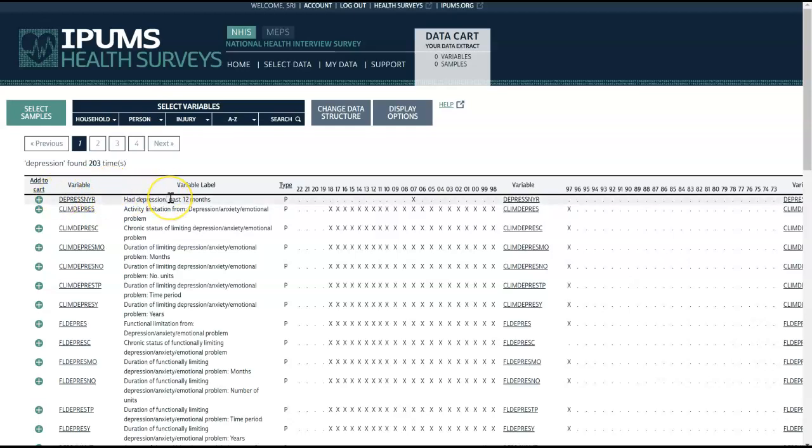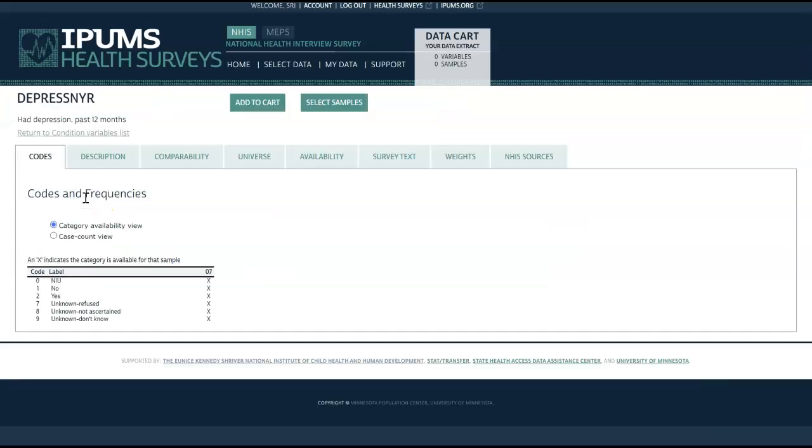The interesting thing about this variable is that it's had depression in the past 12 months, meaning that this is something that is recent. Remember I was telling you about what came first. Well, when you have in the past 12 months, that confirms that. So it's a great variable. I'm going to use this one as an example.